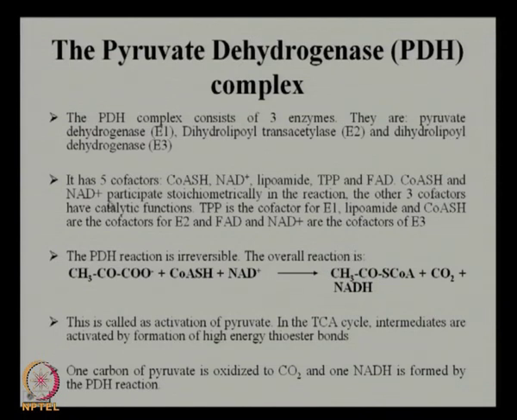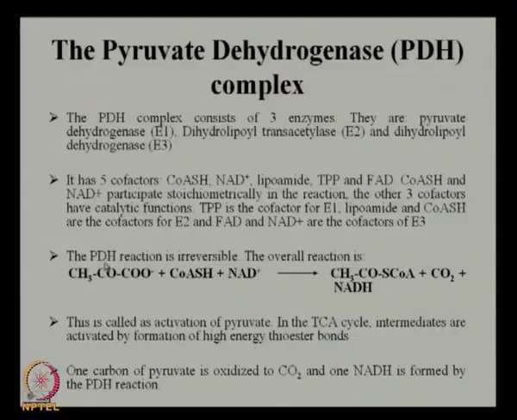Coenzyme A-SH and NAD participate stoichiometrically in the reaction, and the other 3 cofactors have a catalytic function for the enzymes concerned. TPP is a cofactor for E1, lipoamide and coenzyme A-SH are cofactors for E2, and FAD and NAD are cofactors for the submoiety of E3.